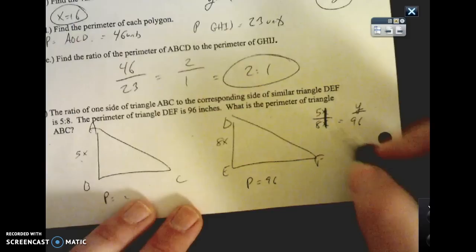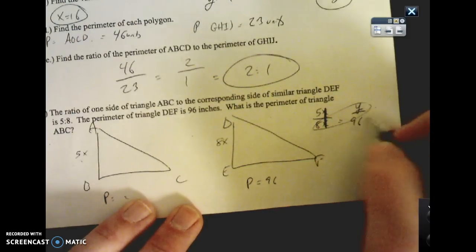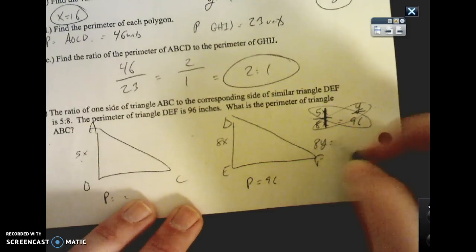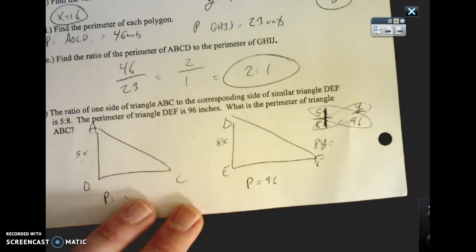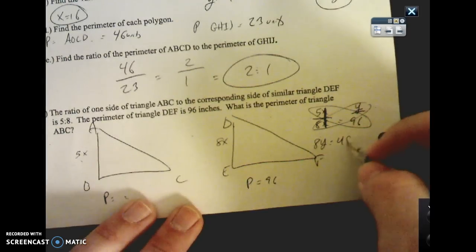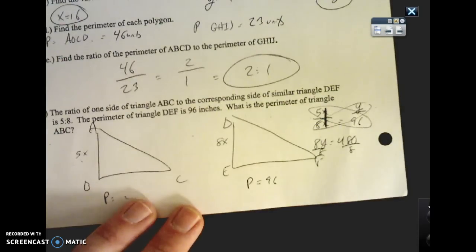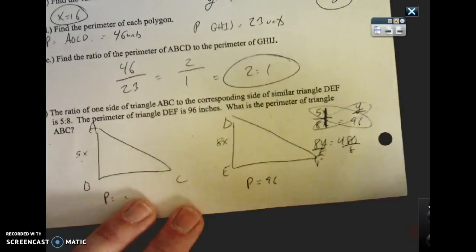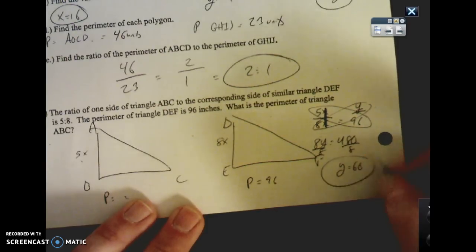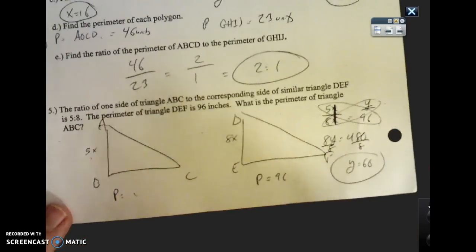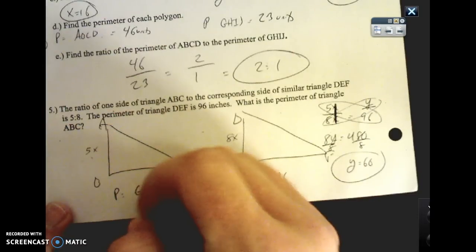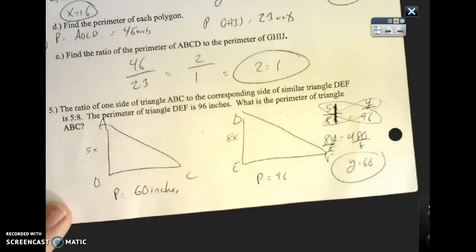Now I can cross multiply. 8y equals 96 times 5, 480. Divide both sides by 8. I get y equals 60. So my perimeter is 60 inches for triangle ABC.